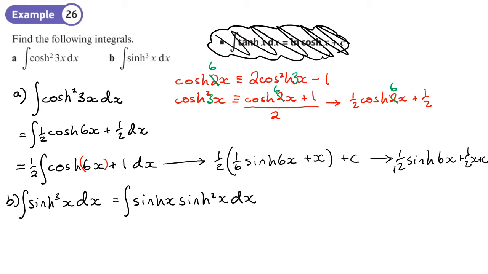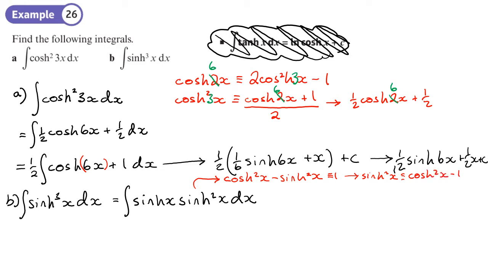What that means is we can then use the identity cosh squared x minus sinh squared x is 1. So we can rearrange that. Let's write that down actually. That would give us sinh squared x is going to be cosh squared x minus 1.